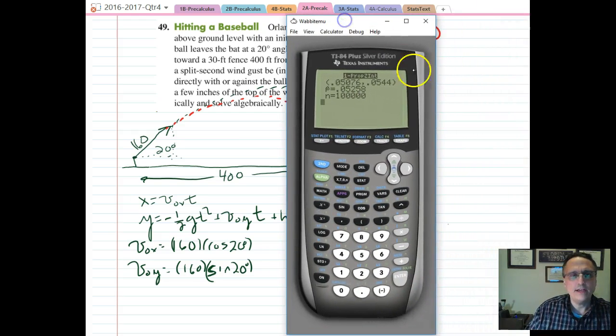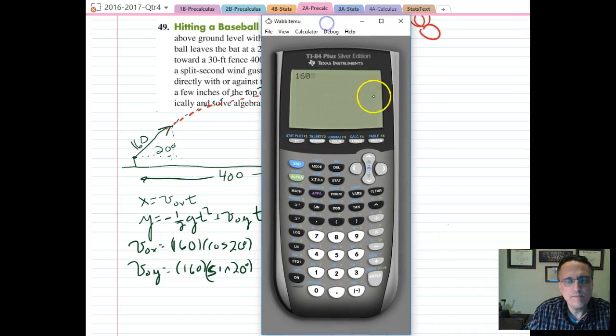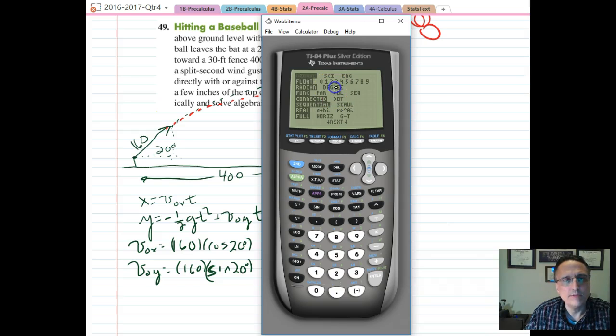I'll bring my handy dandy TI-84 calculator into the picture. So I will take 160 multiplied by the cosine of 20 equals, let's make sure that we are in the right mode here. I am not in the right mode.